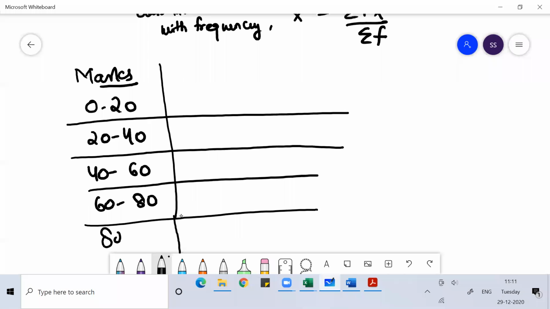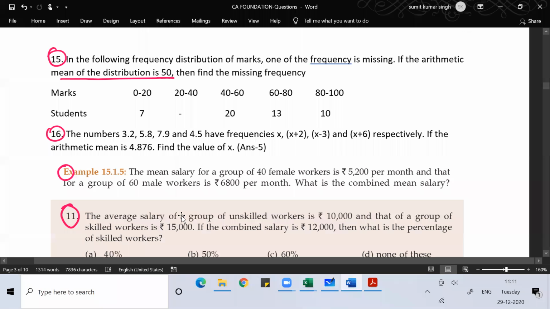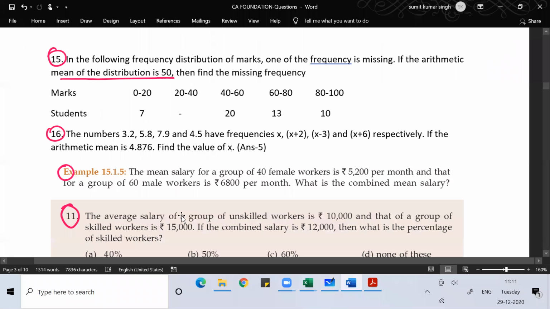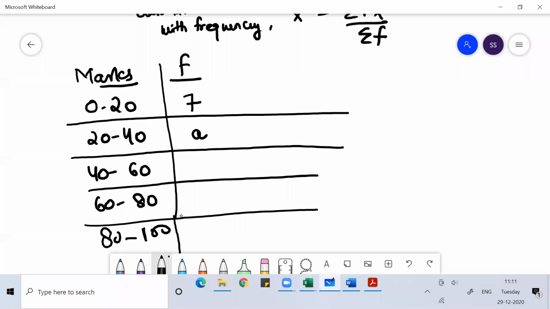The frequencies are 7, then unknown, which you have to determine, suppose that is A, then 20, then 15, then 13, and then 10. So these are given to you.